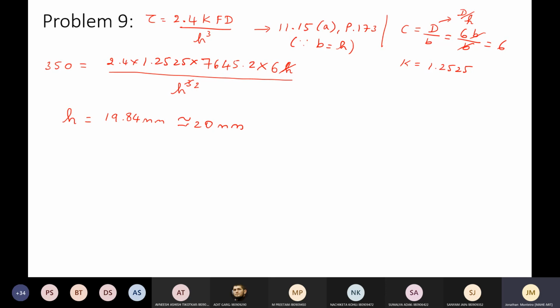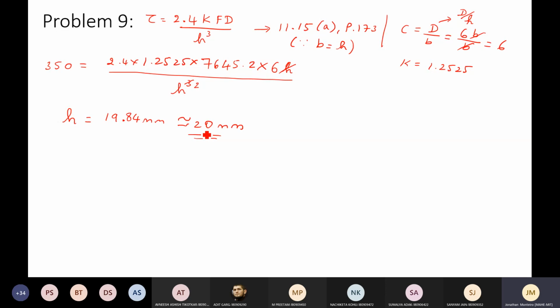The other tables we are referring to are for laminated springs. That is why I don't think it's a very good practice to use them, because they are confirmed for laminated springs only. So you can settle for 20, because nobody will manufacture 19.84 unless it is absolutely necessary.